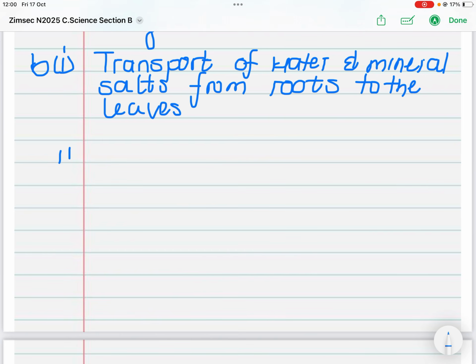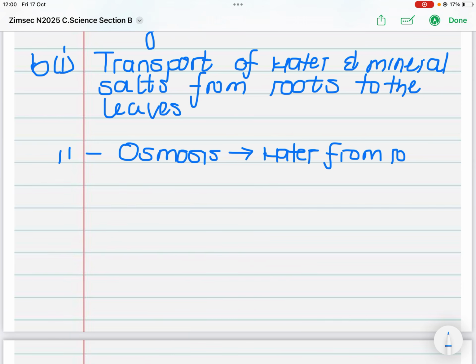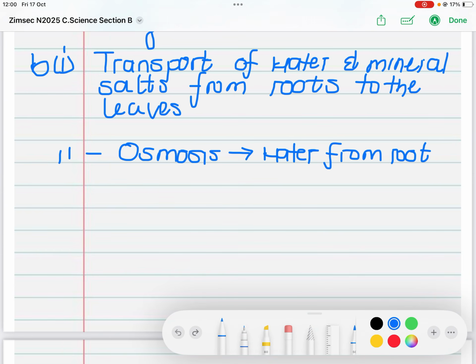So water enters the root hairs by osmosis, as water in the soil is higher than in the root cell sap. So I'll just give a summary here because I can't write everything. So the first point, we are supposed to mention about the osmosis. Sorry, let me correct.